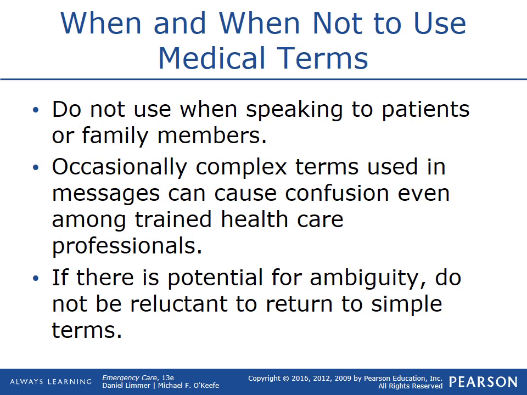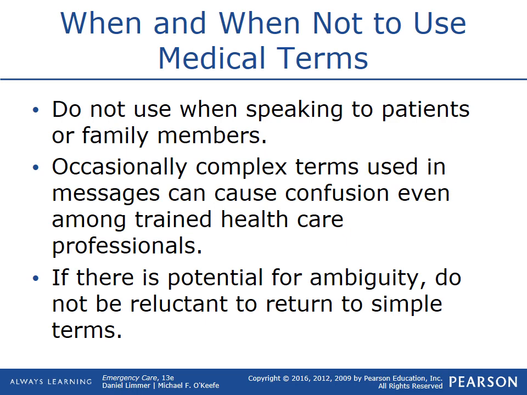So when you use medical terms, you don't use them unless you're talking to other people that are similarly trained as you are. That way you're not causing any kind of confusion, but you definitely don't want to talk in medical terms to family members. And if there's any that you don't know, then don't try to use terms if you're not sure of what their meanings are.